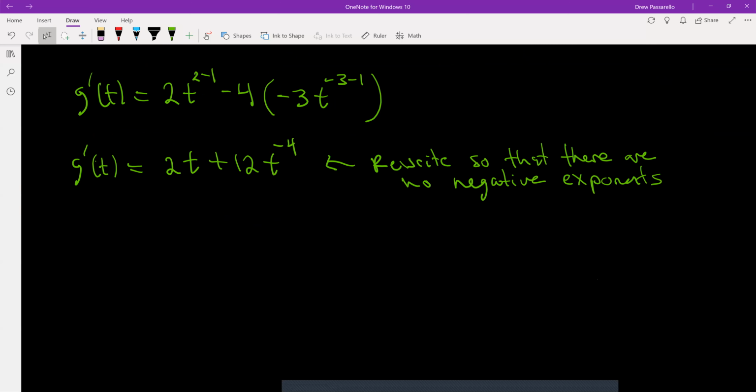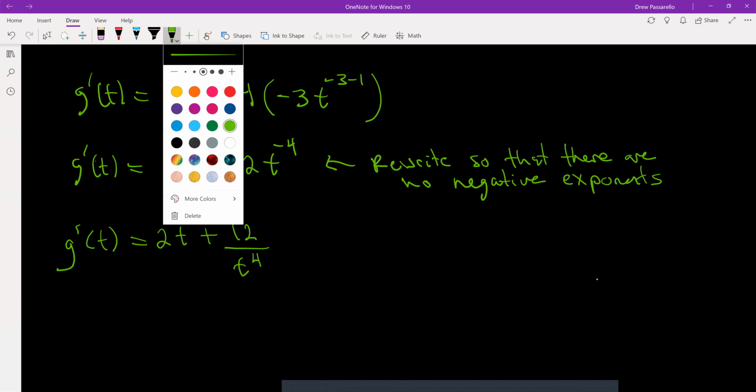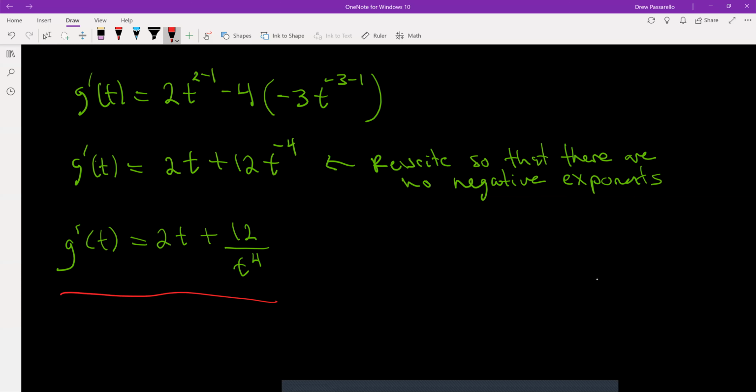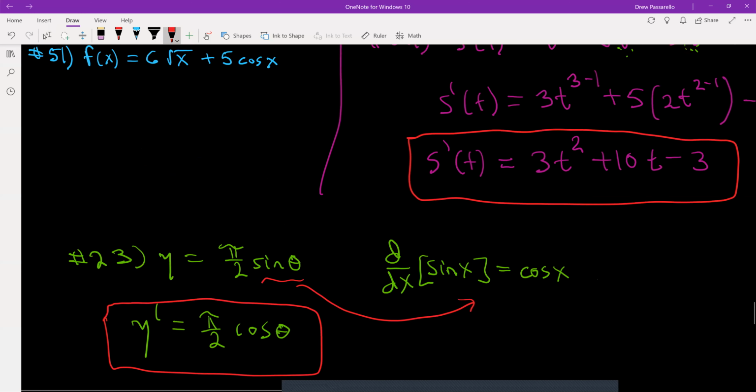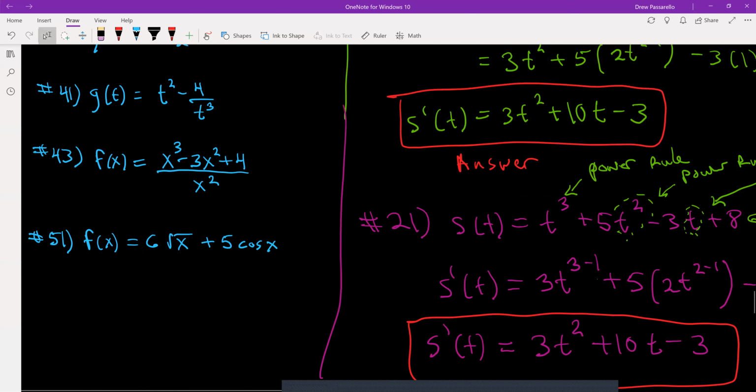All I got to do is put the t in the denominator to make it 12 over t to the fourth. All right, so that's going to be the answer. All right, so that was number 41. Now next one's number 43.